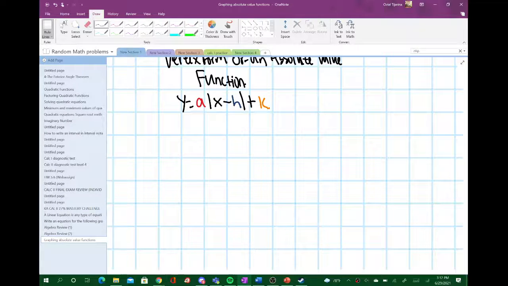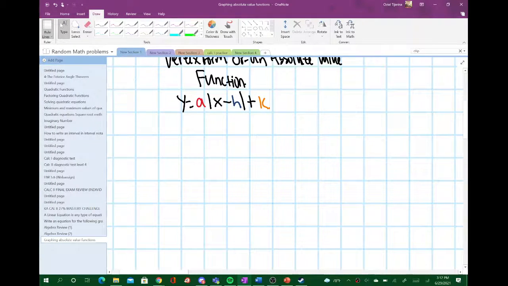The first thing that I want to go over before we even get into graphing absolute value functions is knowing what the parts of this equation are. So the a, which is this part, represents the slope. The slope is just rise over run.